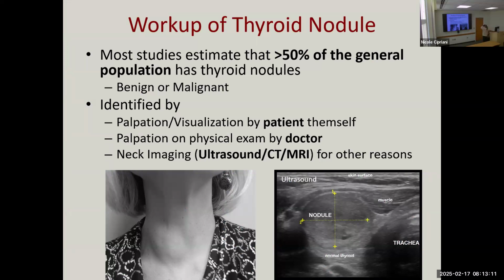Okay, so now we're going to move into working up thyroid nodules, because for the most part, that's what we see, right? We sometimes see thyroidectomies for refractory medical disease like Graves or Hashimoto's.